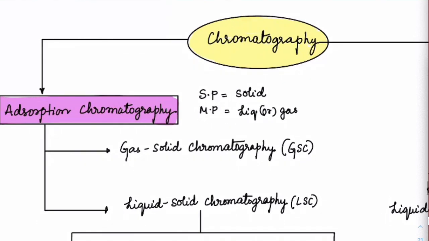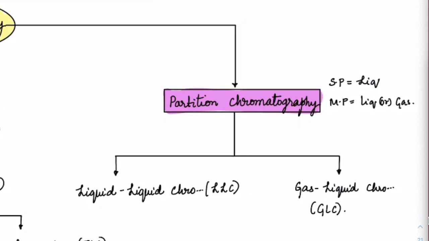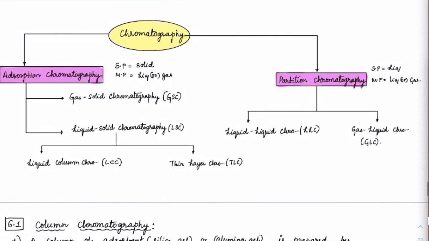In adsorption chromatography, the stationary phase is solid and the mobile phase is liquid or a gas, while in partition chromatography, the stationary phase is always liquid and the mobile phase could be either liquid or gas. This is a major difference you need to understand.